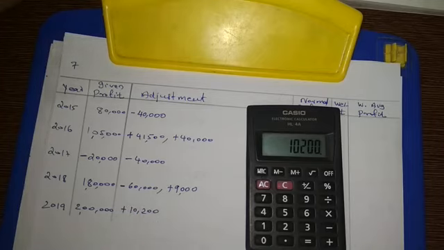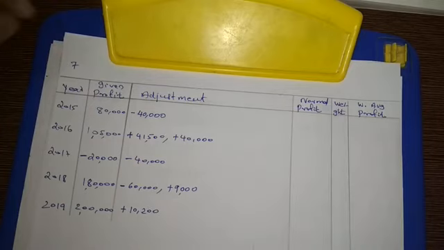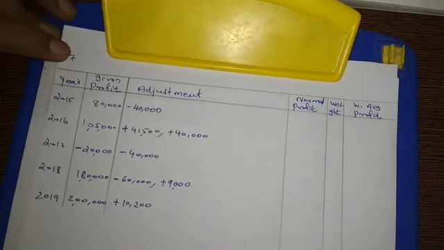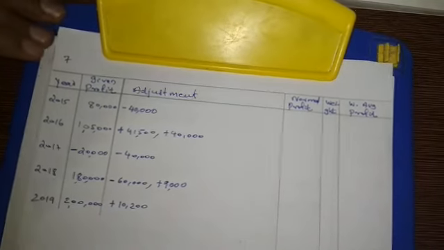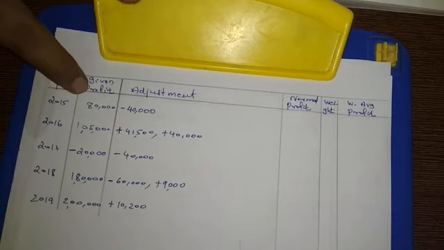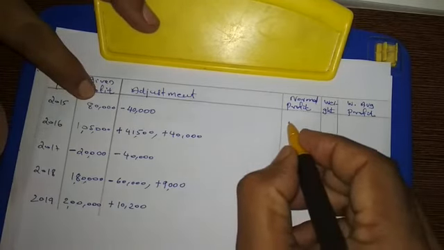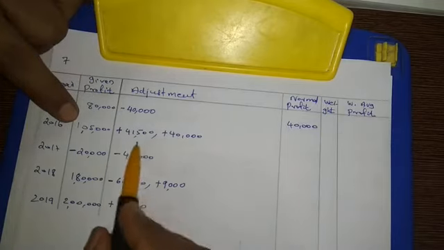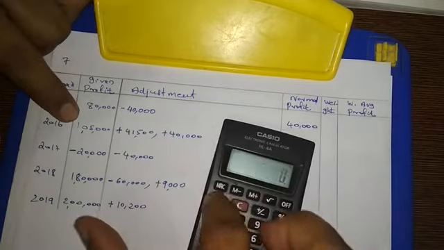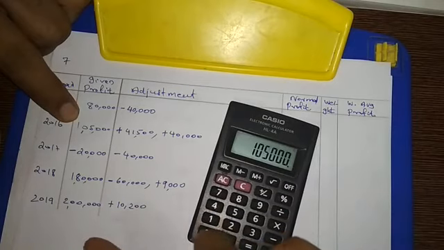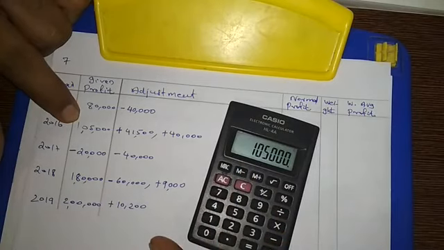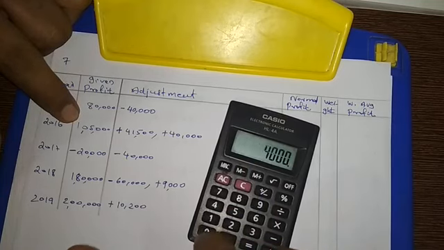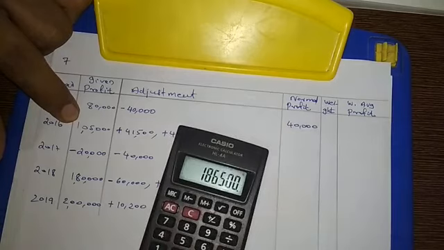Now all the adjustments are over. After adding and subtracting all these figures, the normal profit will come. Okay, then we can see that. And here 80,000 minus 40,000 is coming 40,000. Then 1 lakh 5,000 plus 41,500 plus 40,000 is equal to 1,86,500.